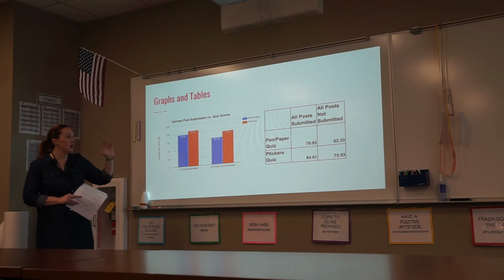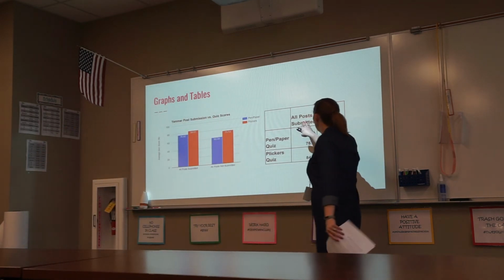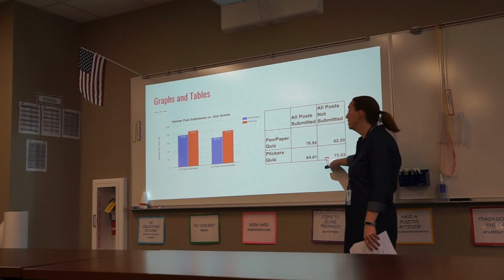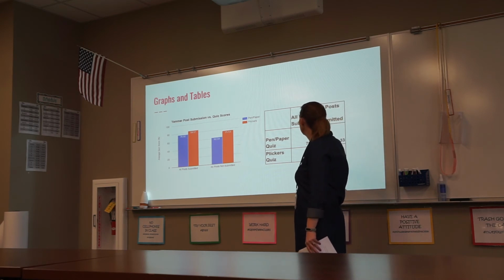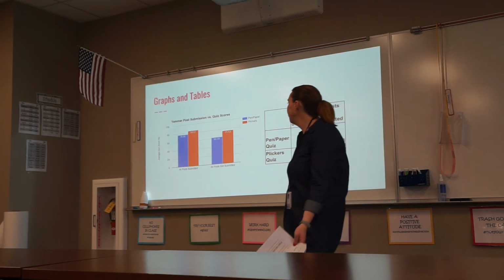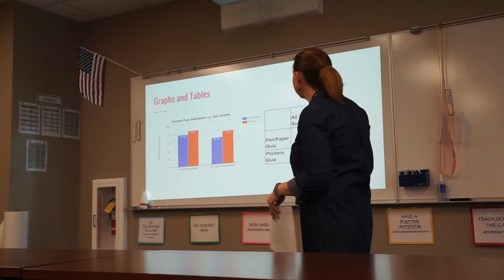And we got significantly higher results from those who did post all of their submissions versus those that did not. And it really didn't matter which quiz it was, they did score higher than those that did not complete all of their posts. So we thought that was really good, significant data.